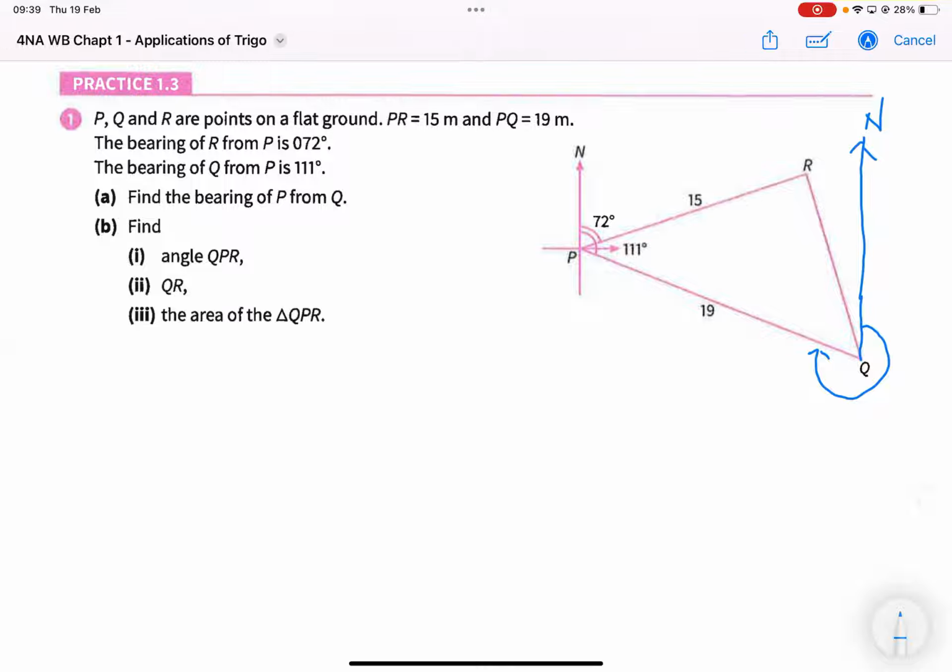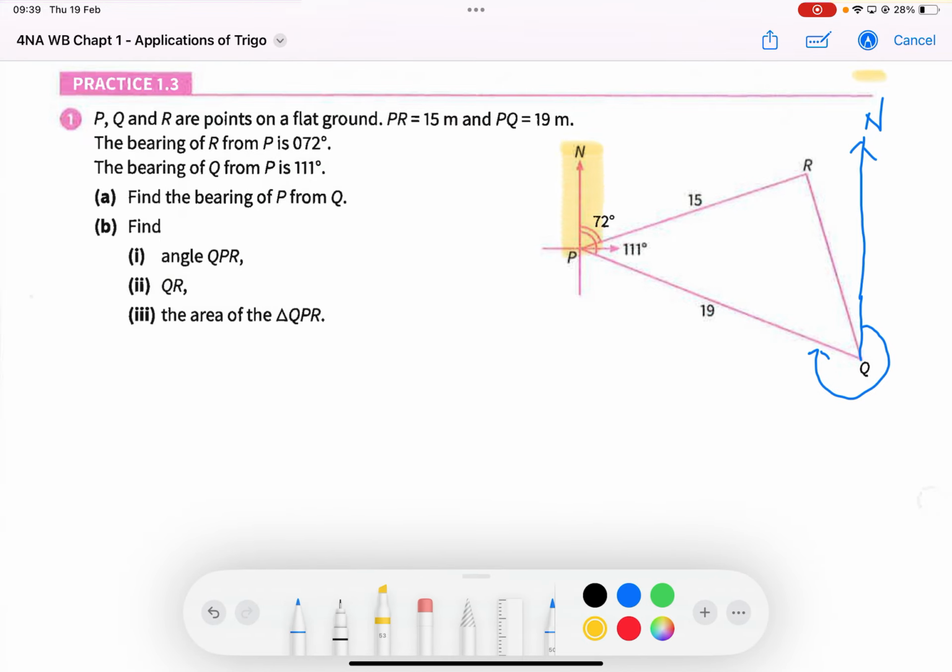Okay, then if you still remember bearing, sometimes instead of finding this one, it is easier to find the inside one. Then take 360 minus the inside. So this time round also same. North, north. So there is an interior angle. This one is 111, means this one is 180 minus 111. Can see? Interior angle. Okay, here, here, here, parallel.